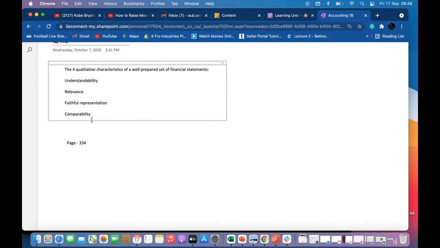Then comparability. Financial statements must be comparable from one year to the next. Therefore, accounting policies must be consistently applied. This means that similar transactions should be treated in a similar fashion and in the same way they were treated in the previous year. In order for this to be achieved, accounting principles must be consistent.